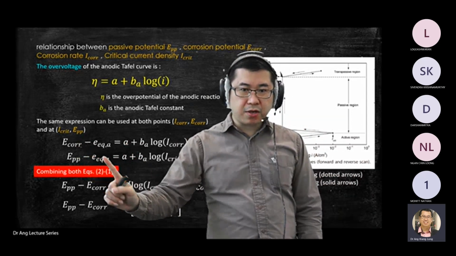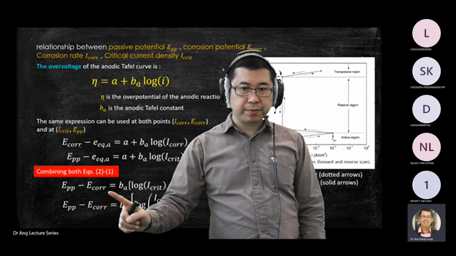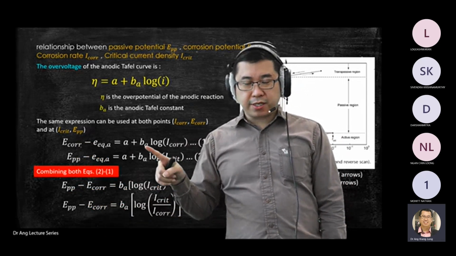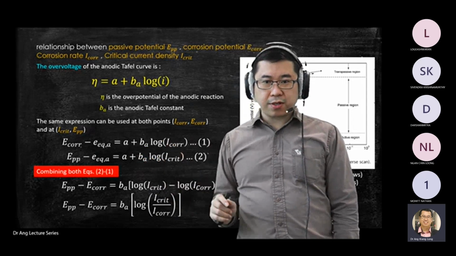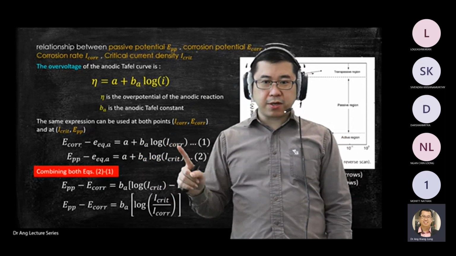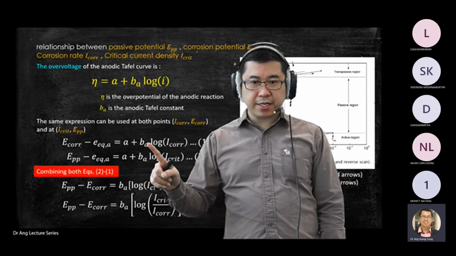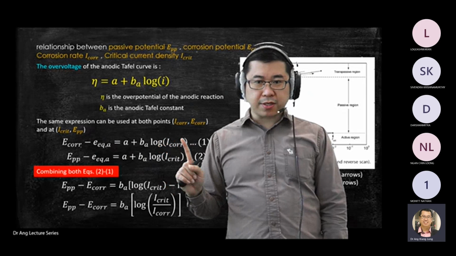EPP minus E corrosion, you get this one. BA log, again, you just see this one as log minus log, right? So you have BA log something minus BA log something.